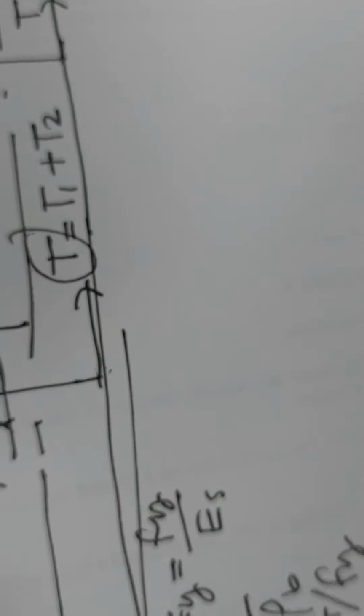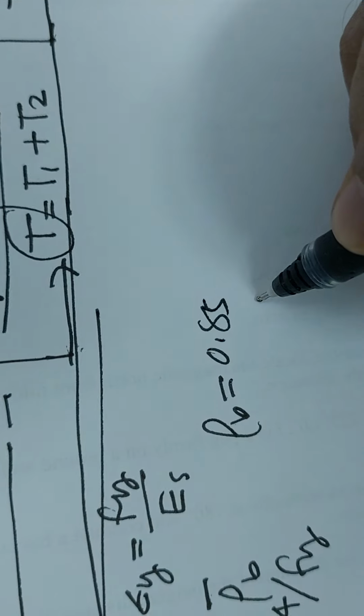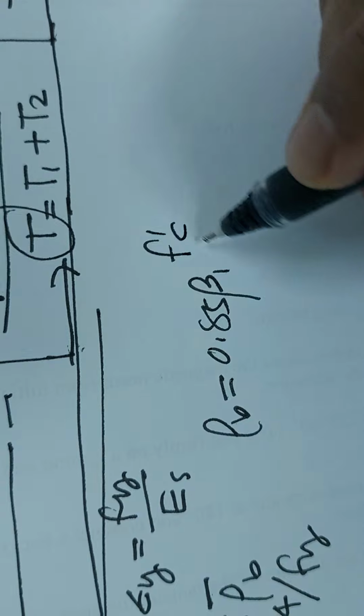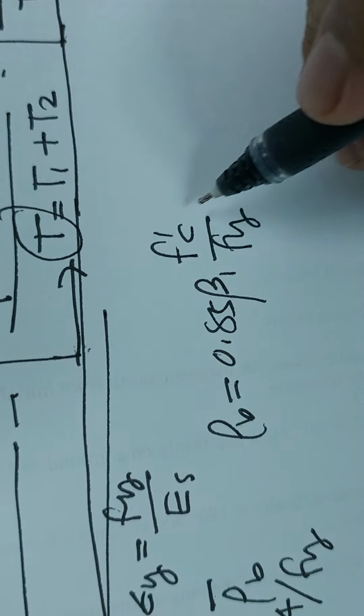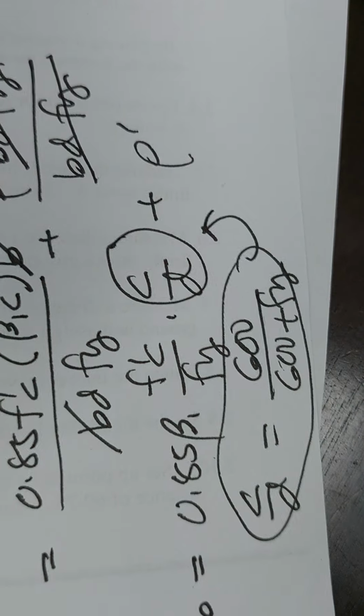Therefore, we now have rho balanced equal to 0.85 beta sub 1 F prime C over Fy, substituting C over D here with 600 over 600 plus Fy.